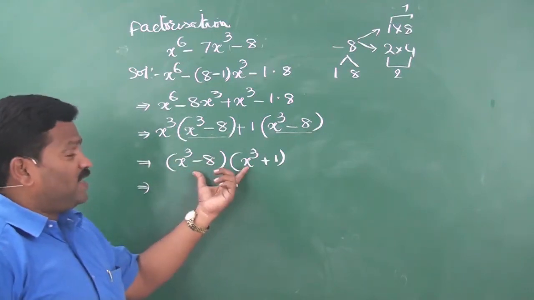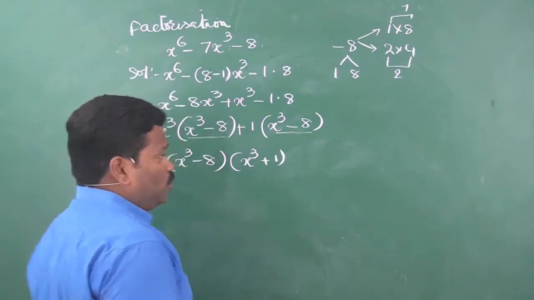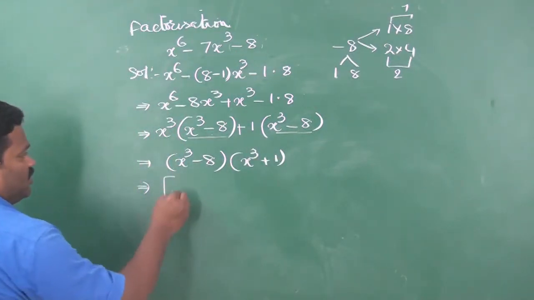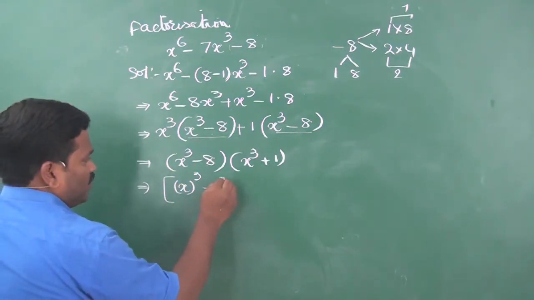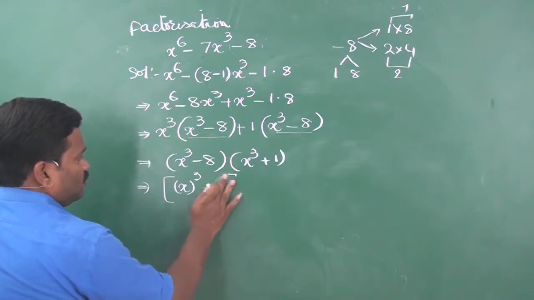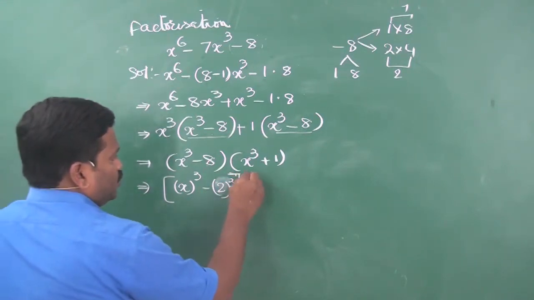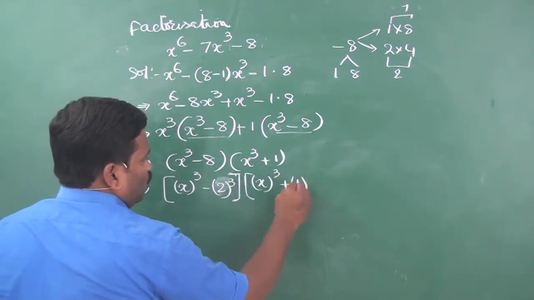Still we can factorize these two, because 8 can be written as 2 cube and 1 can be written as 1 cube. Therefore, this can be written as x whole cube minus 2 whole cube, into x whole cube plus 1 cube.